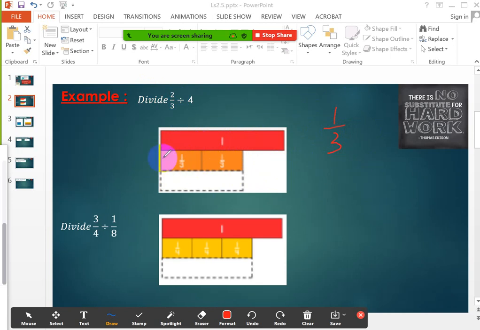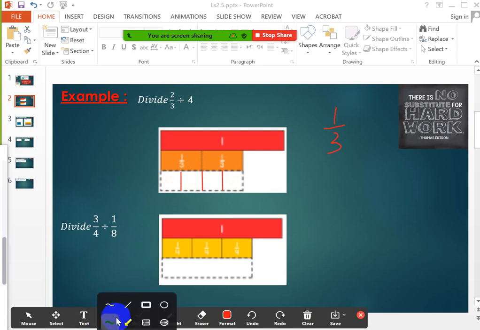So this is the space here. If I want to divide 2/3 by 4, that means I will divide this space into 4 equal parts. I will divide it like this. Each part equals what?